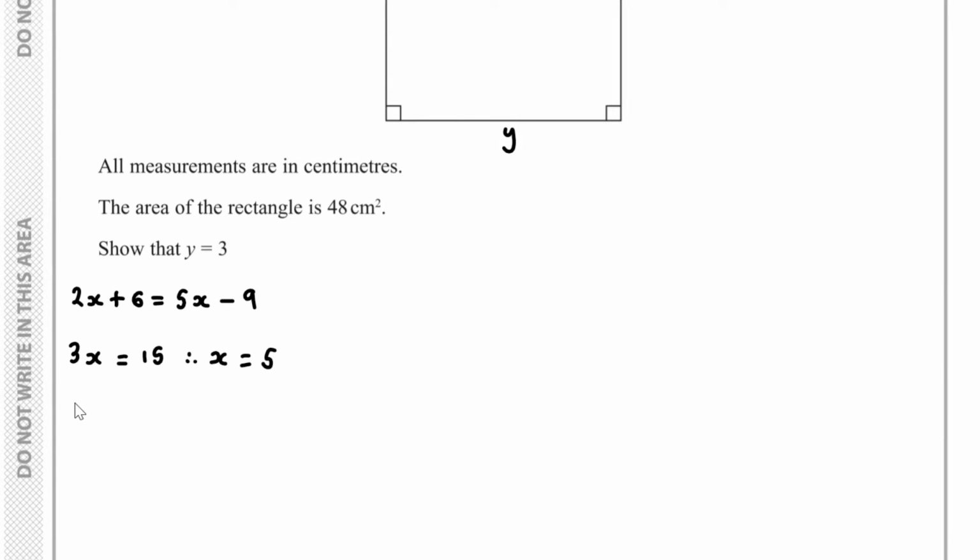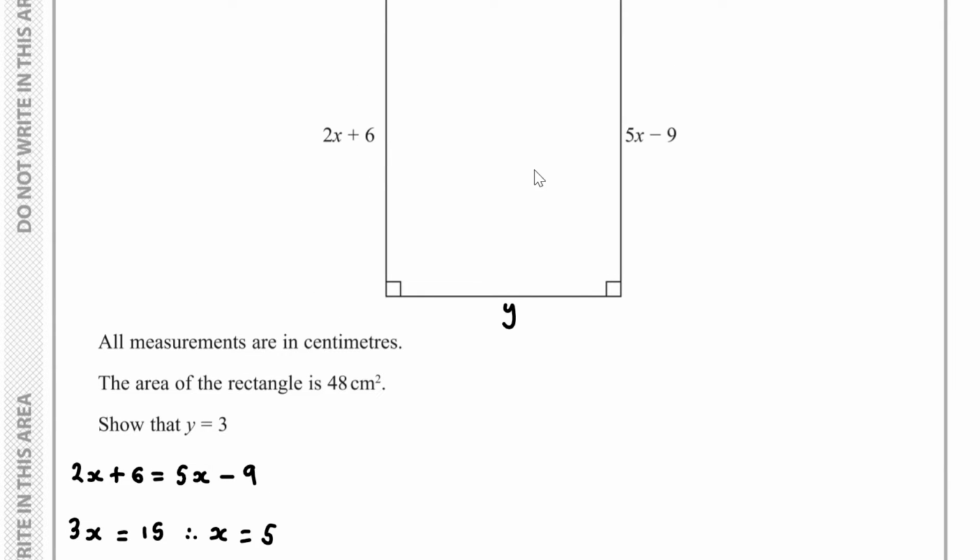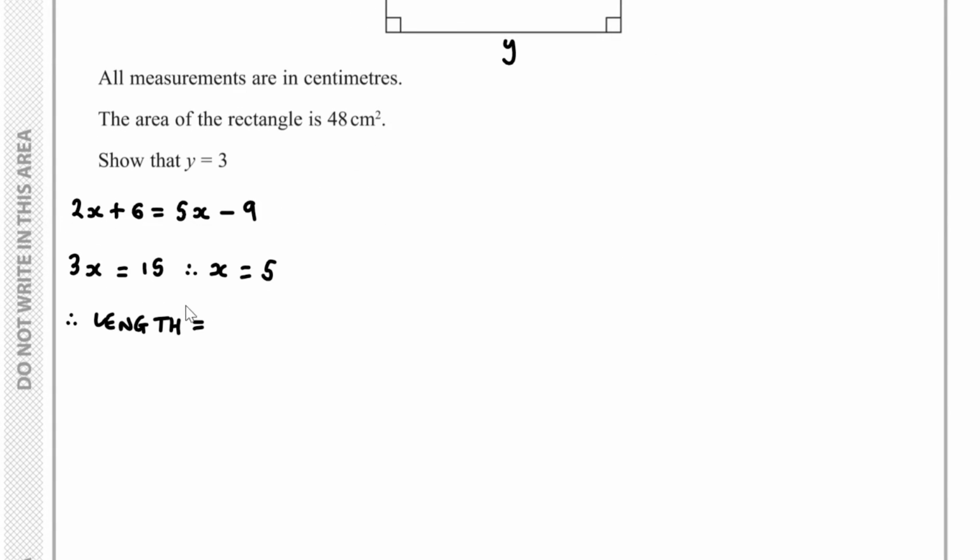And therefore, the length of the rectangle, if I substitute into either this or this, we've got 2 lots of 5 plus 6, so we've got 10 plus 6, which is 16. So we've got 16 centimeters for the length.